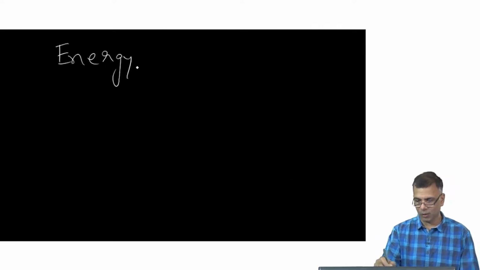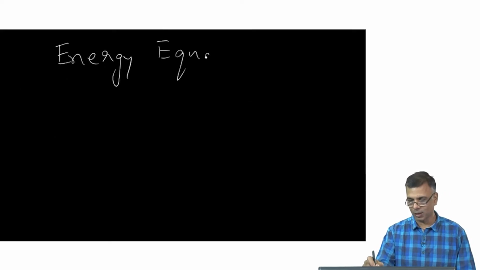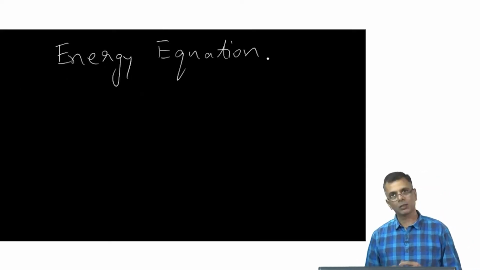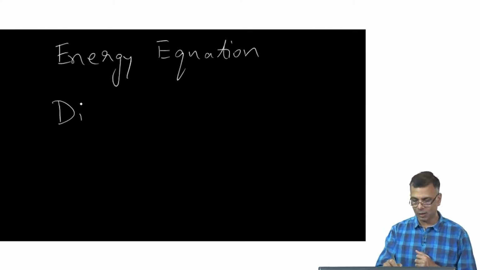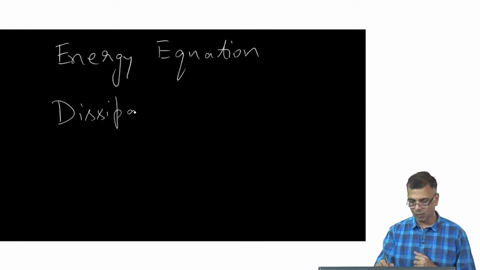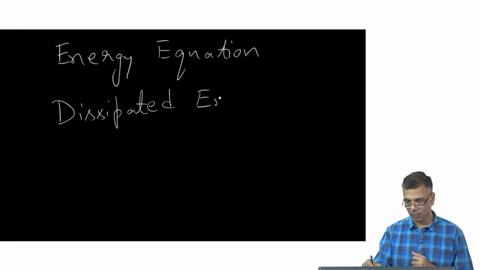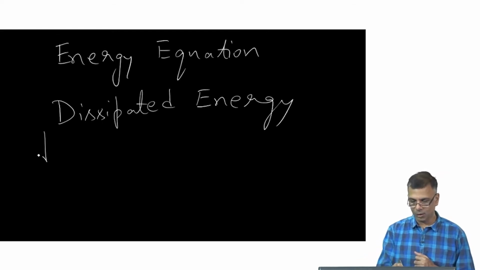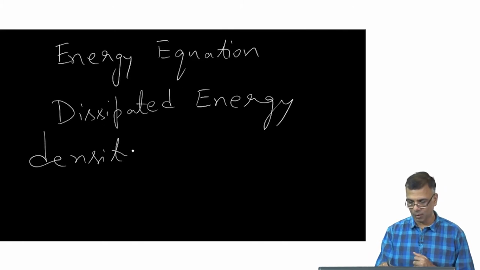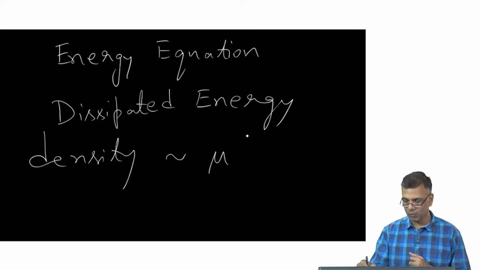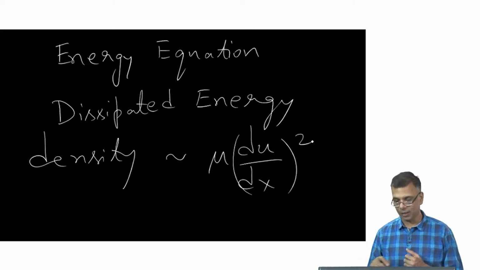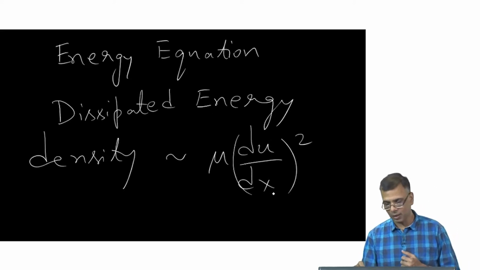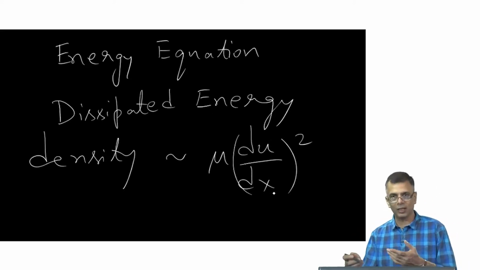You remember we talked about the energy equation when we finished the last time, and our main focus there was to look at viscosity and figure out that the dissipated energy density went as mu, this kind of thing, right, where we really have du_i/dx_j plus du_j/dx_i, that kind of thing.